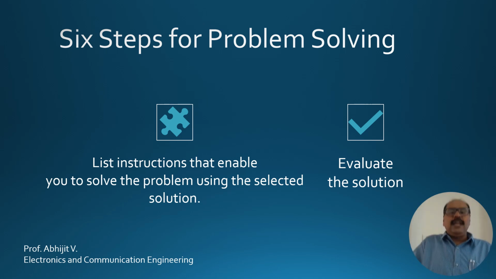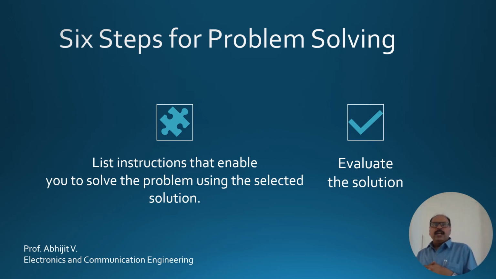So the fifth and the sixth step. The fifth step is to list instructions that enable you to solve the problem using the selected solution. You have already selected a solution from all the possible solutions. Now we are going to write down the instructions, or make a step-by-step approach.